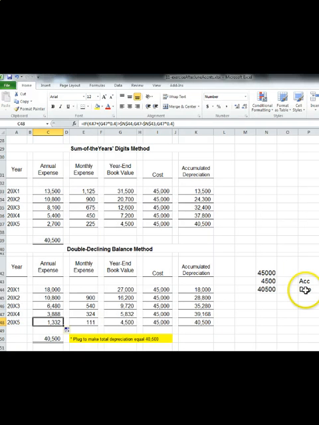So accumulated depreciation exceeded that. It shouldn't, and so that is true. So then what we want to happen is that we're just going to take G47 and we subtracted N43. And N43 was our 4,500.